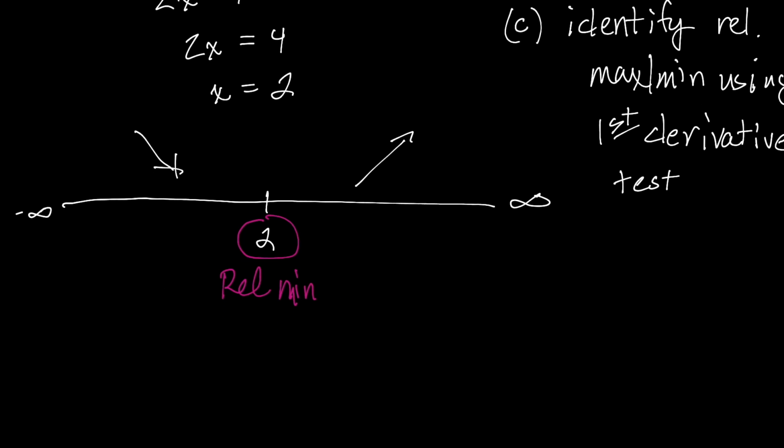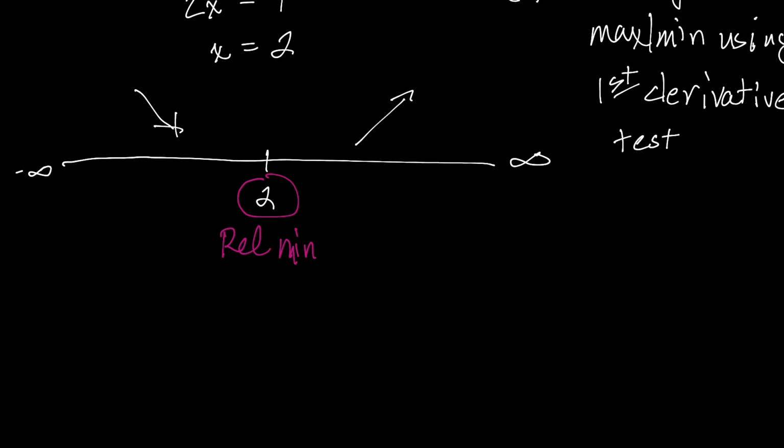Now I can find the open intervals of increase. I'm going to abbreviate INC, I'm increasing from negative infinity up to, but not including, 2, because at 2 my derivative is 0. Oops, I just got that backwards. Let me go and erase.